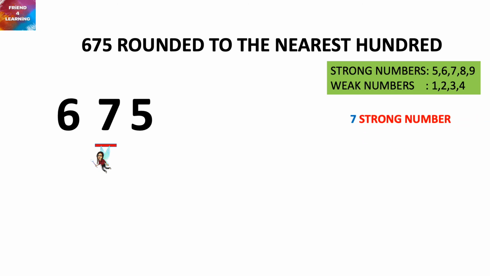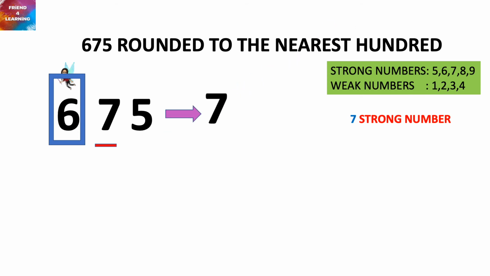Now what happens? There you go. The 7 gives its power to its neighbor. And what happens to the neighbor? Well done. It becomes more powerful and changes to 7. Well done. And then the number in the tens place has lost its energy giving to its neighbor, so it becomes 0.